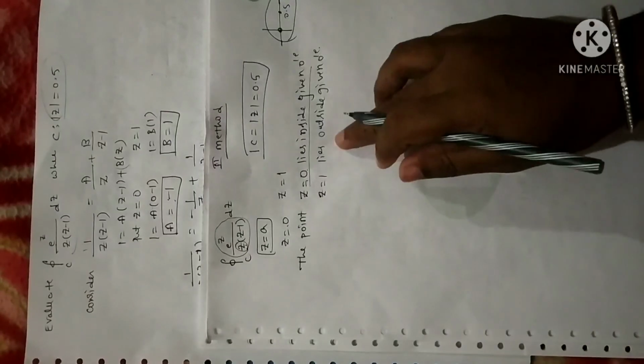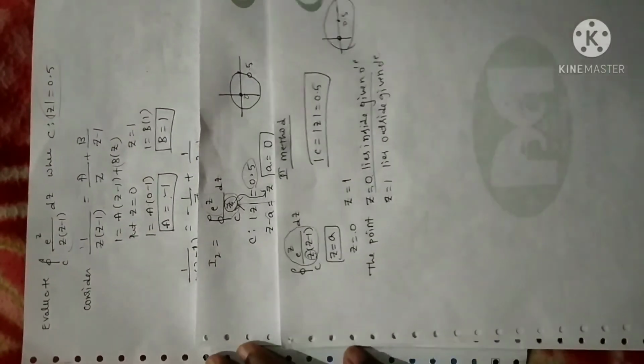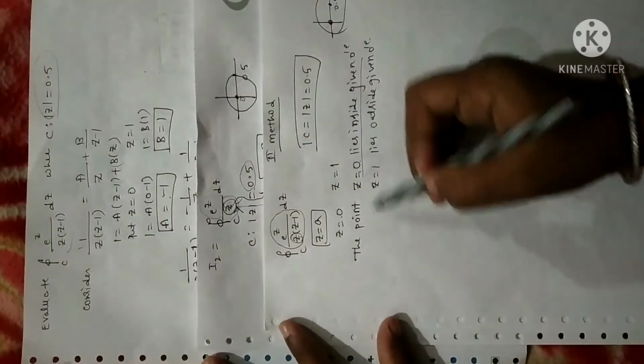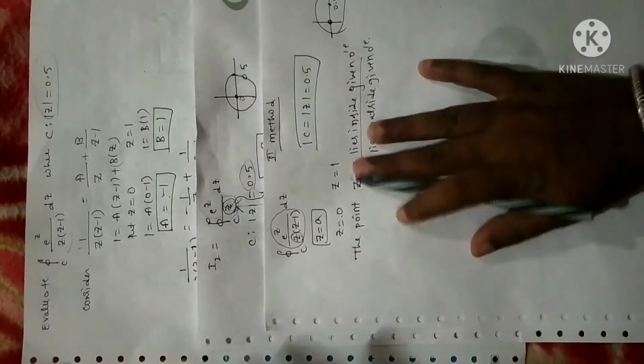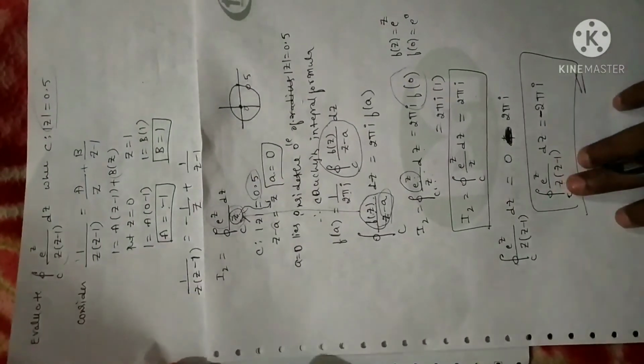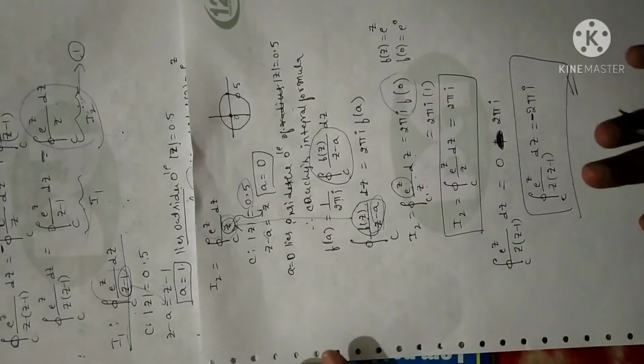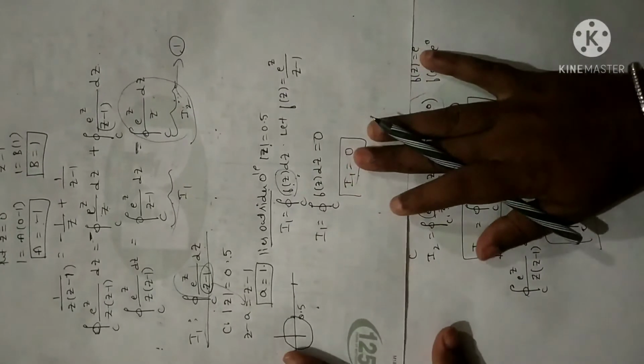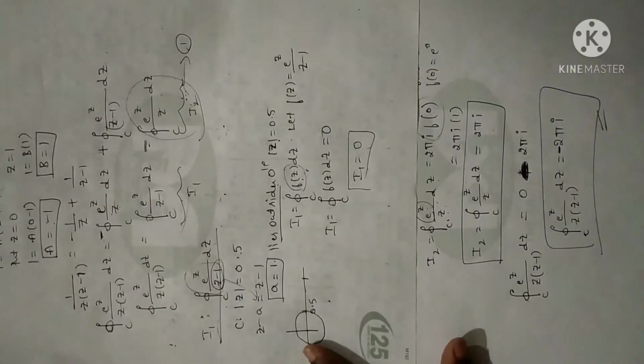When it lies outside the circle, you can apply Cauchy's theorem. So instead of doing all these simplifications, you can directly write it in one method. My opinion is please don't go for the second method. It is better to follow only one method, so you try to do in this method only. Further, if you have any doubt, I'll be there to help you. So this method is very convenient. Anyhow, if you want, I'll do that only.